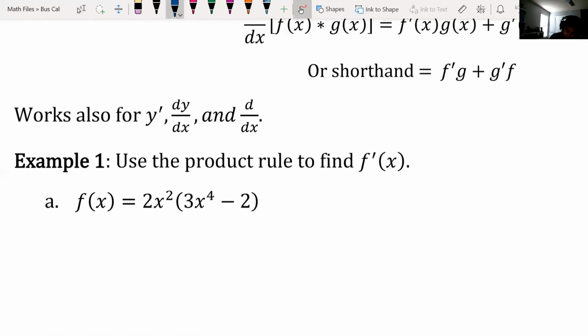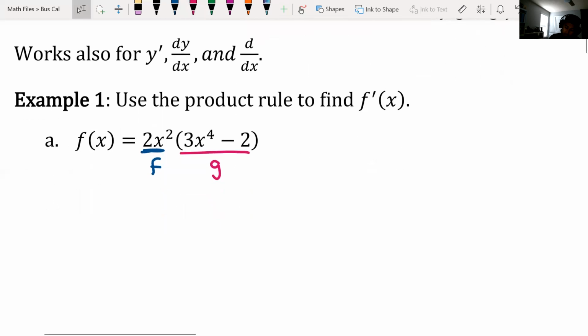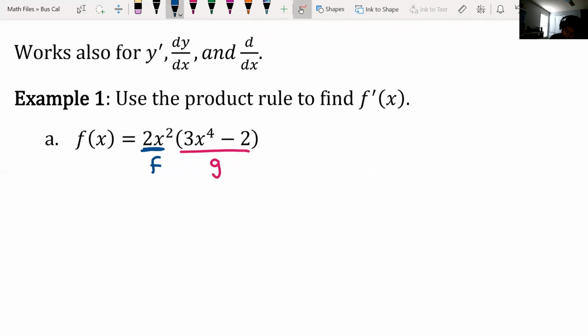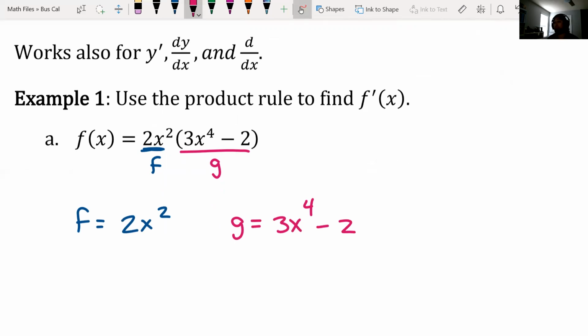Since we have two functions here, to label f and g, the first function is going to be f, and the second function is going to be g. I'll write it out here. f is going to be 2x squared, and g is going to be 3x to the fourth minus 2.